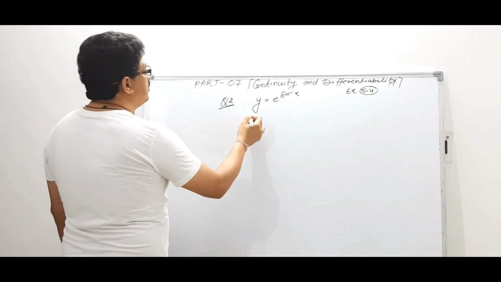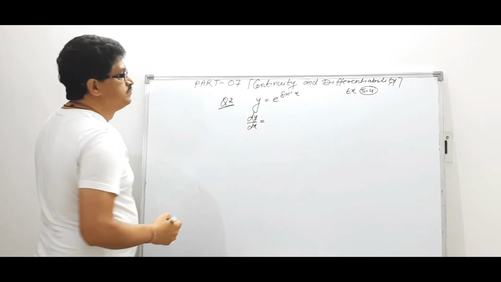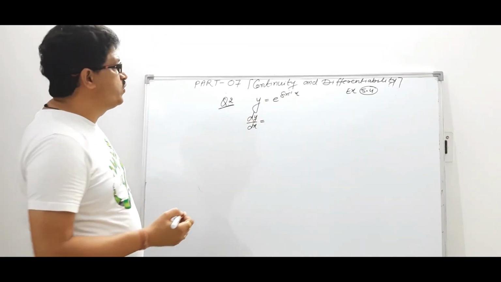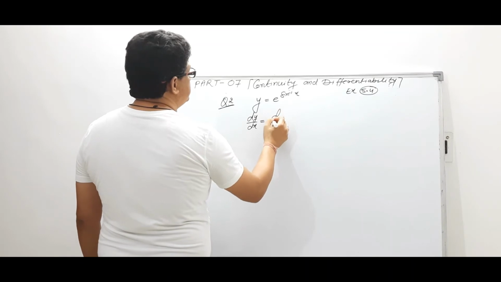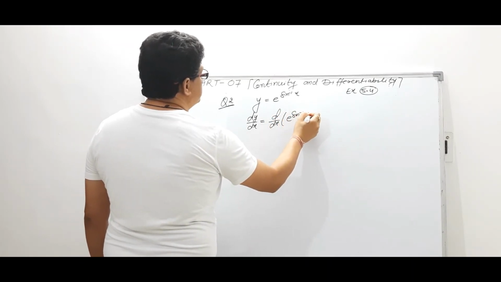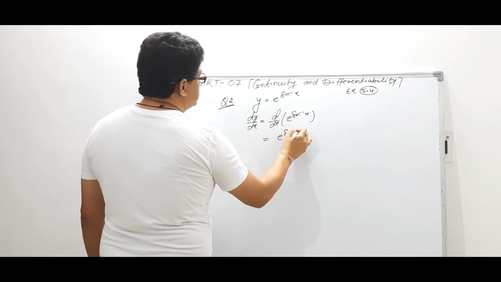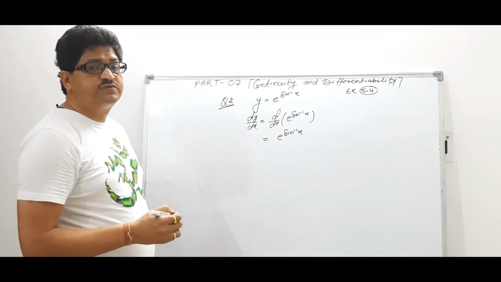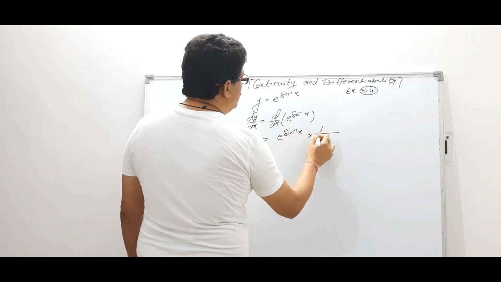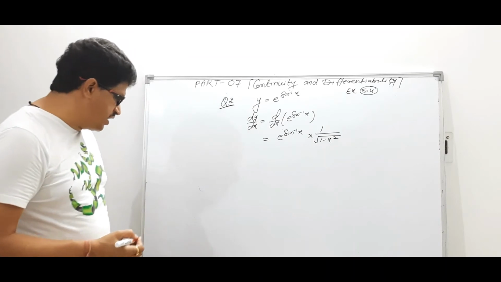So differentiation of y is dy by dx, and first of all e raised to sin inverse x, here we apply e raised to x. Differentiation of e raised to sin inverse x is e raised to sin inverse x. First we apply formula of e raised to x and then sin inverse x, 1 upon root 1 minus x square. So in this way you can differentiate.